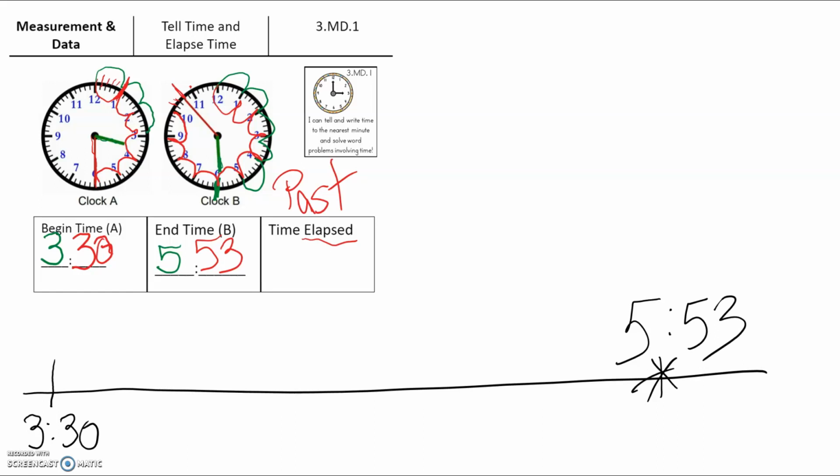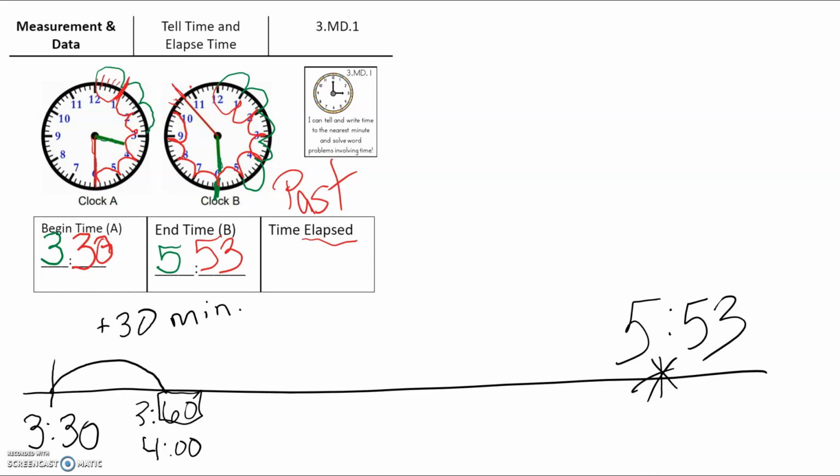So I want to get to some easy numbers to use, and I know that if I were to add 30 minutes, I would have 3 hours and 60 minutes. And we know that 60 minutes is an hour, so that bumps us up to 4 o'clock. And I better put my M here so I know what I did. I did minutes, not hours.